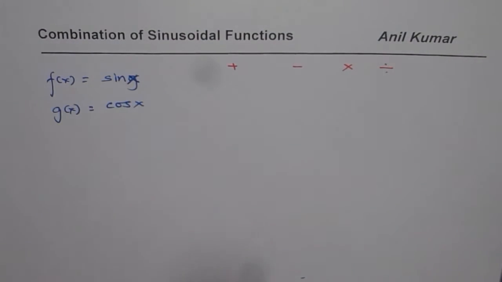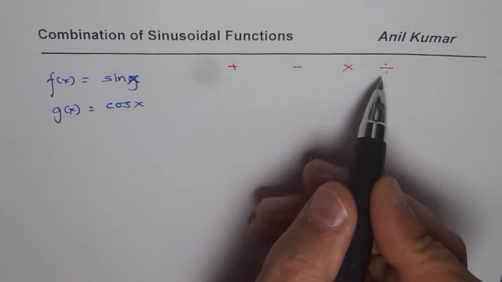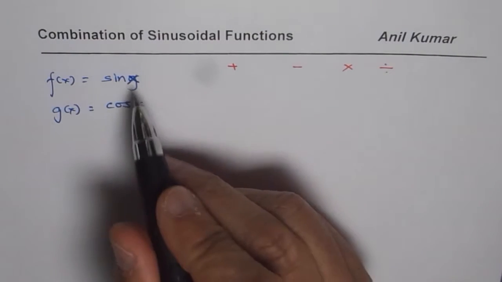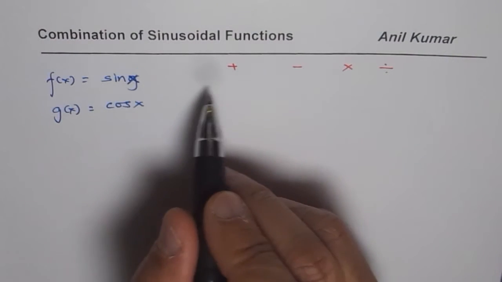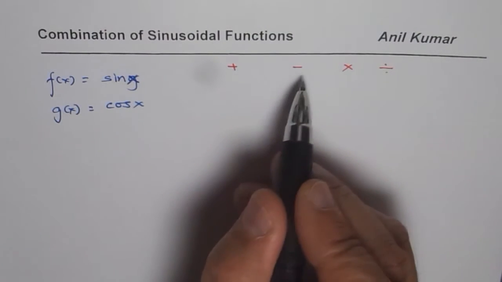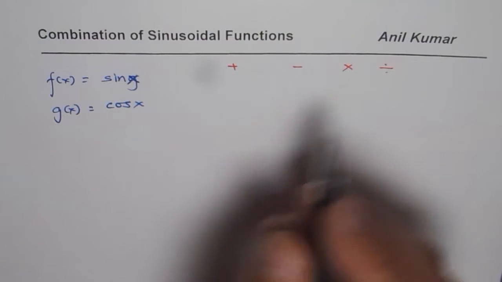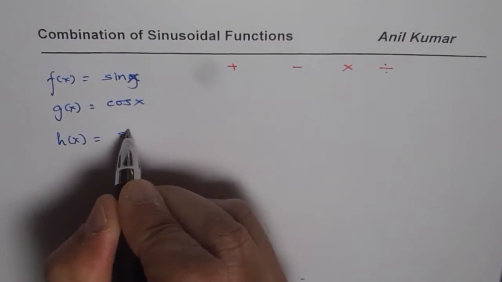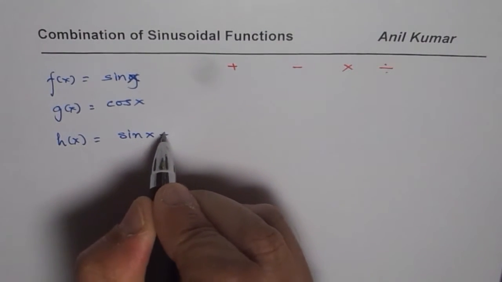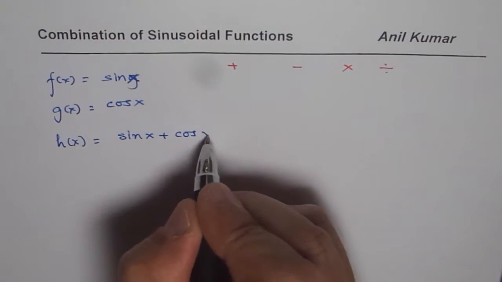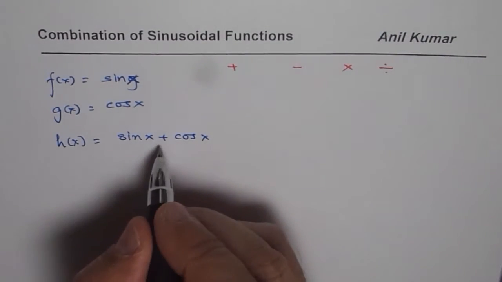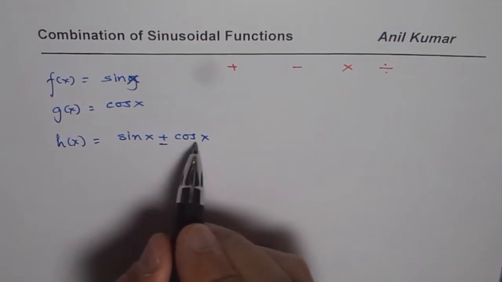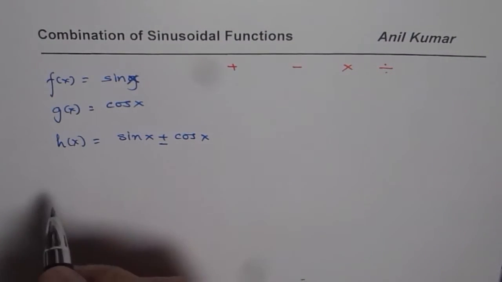Now, when you do multiplication and division, you may or may not get a sinusoidal function. But when you do addition and subtraction, you always get sinusoidal functions. So let me write down functions like h of x, which is equal to, for example, sine x plus cosine x, or minus cosine x. So these are sinusoidal functions, combinations of these two.